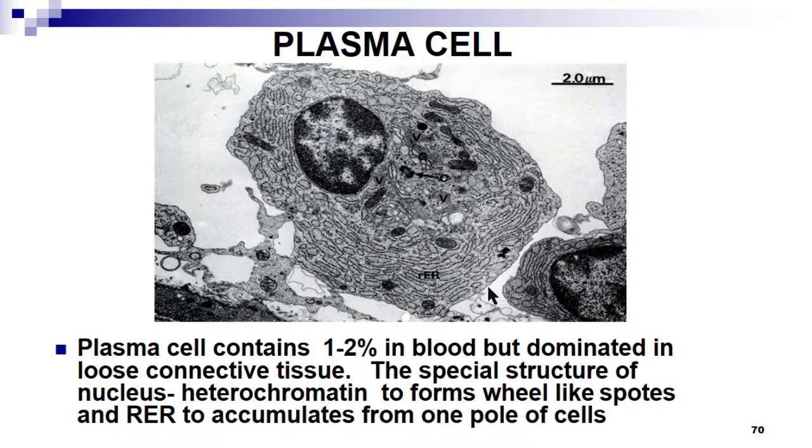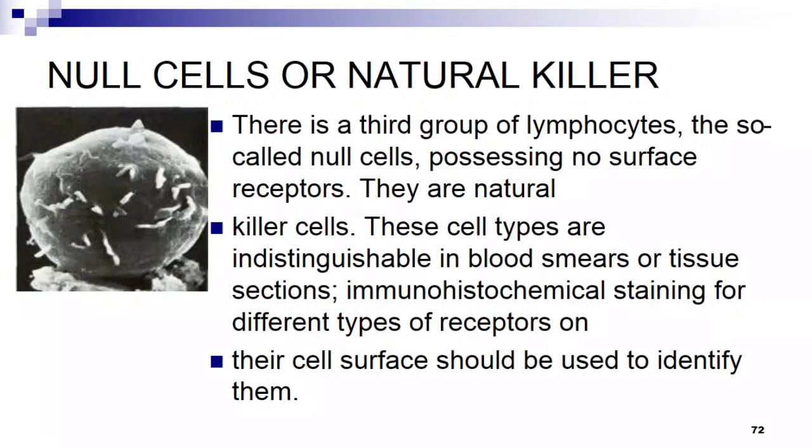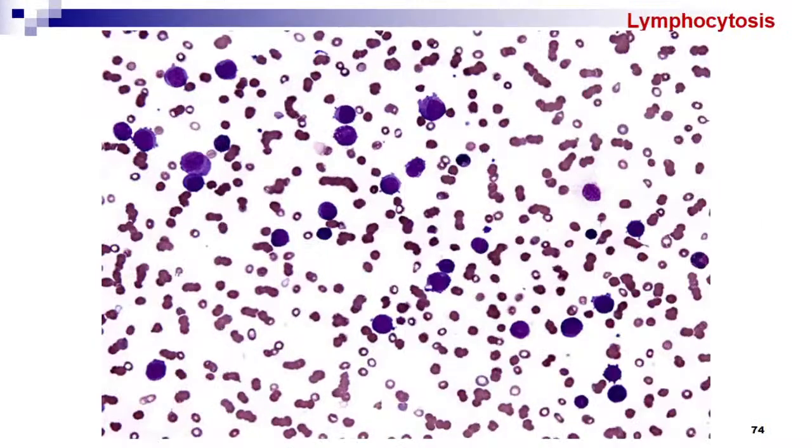T lymphocytes provide functions as regulatory cells, T helper cells, effector cells, T killer cells, T memory cells, and null cells or natural killers, which do not need activation through the T helpers. All other materials you can find in the text variant.